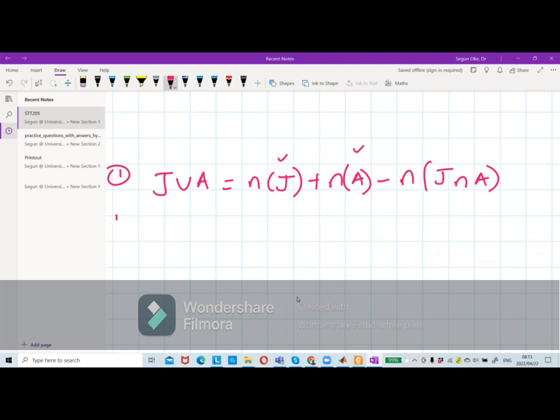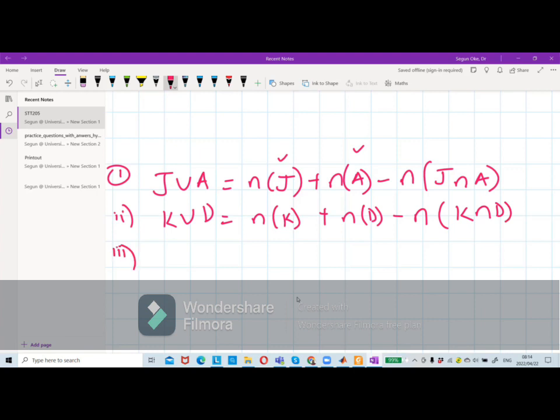Number 2 says K union D is the number of K plus the number of D minus the number of K intersection D. Then number 3, L union D is the number of L plus the number of D minus the number of L intersection D.